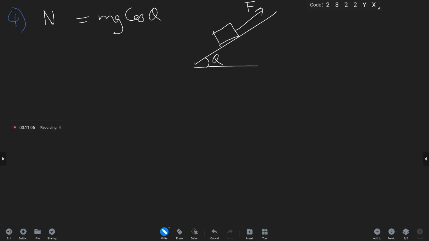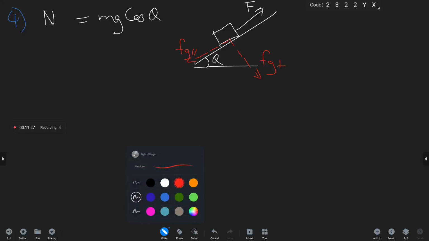So we might have the applied force, or tension, or any force for that matter, and obviously we're going to have Fg perpendicular, which is the perpendicular component of weight, and then we also have Fg parallel, which is going to maybe cause an object to slide downwards if, for some reason, the applied force is not enough to cause the object to go upwards, or there's no applied force at all for that matter.